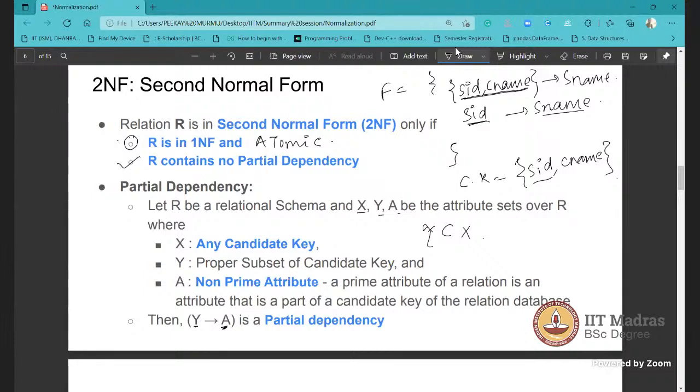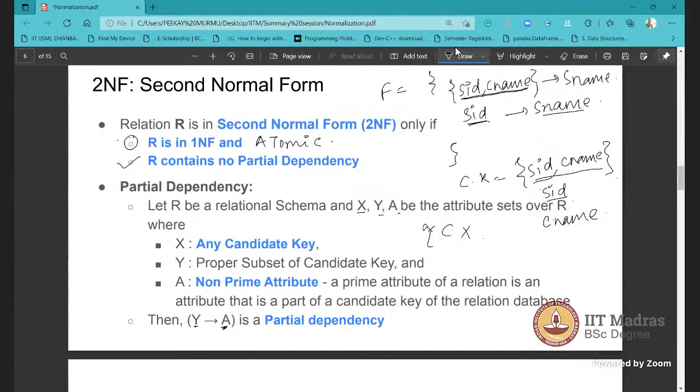Is it clear to you what partial dependency is? No, sir. Okay. Here you can see this is the candidate key, and what are the proper subsets of the candidate key? SID is possible, and CNAME is possible, for this particular example.